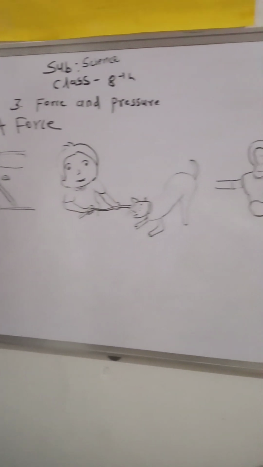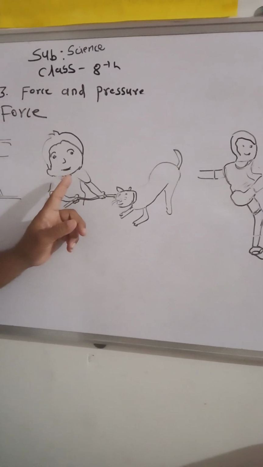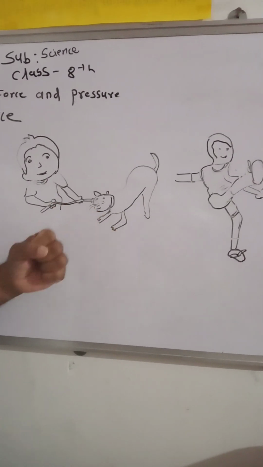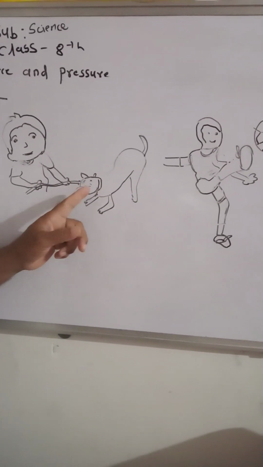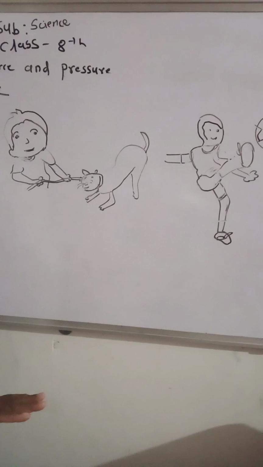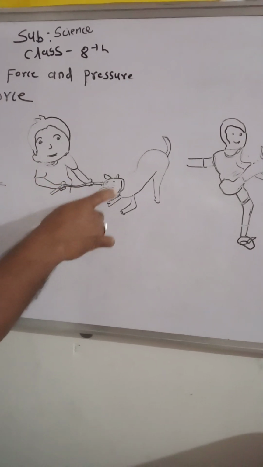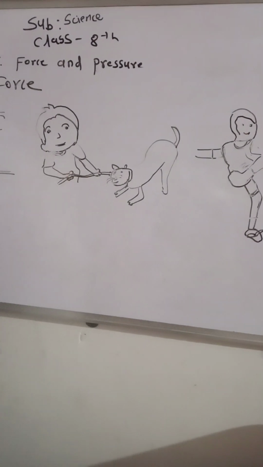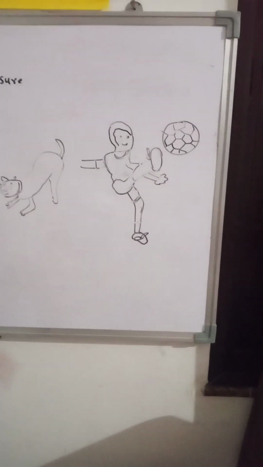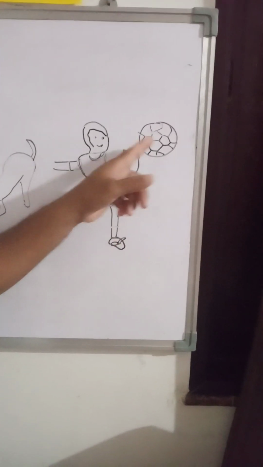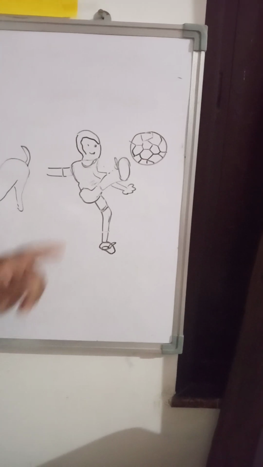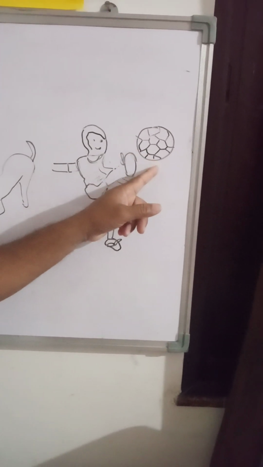In the second picture, some boy is pulling the rope tied on the neck of the dog. It means that this boy is acting a force to pull the dog. In the third picture, the boy is kicking a ball.